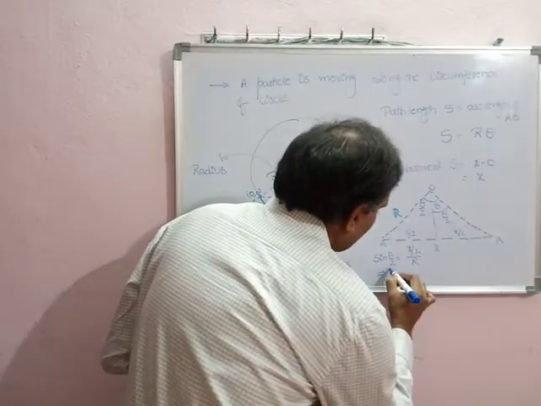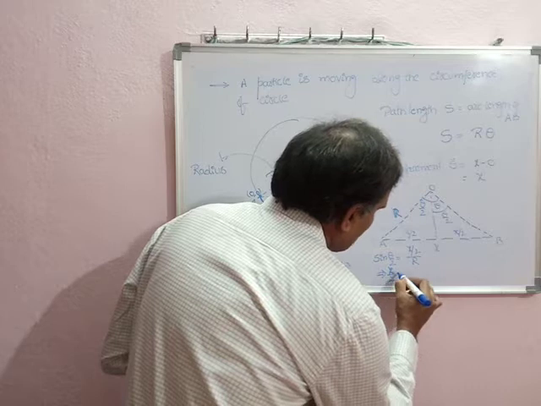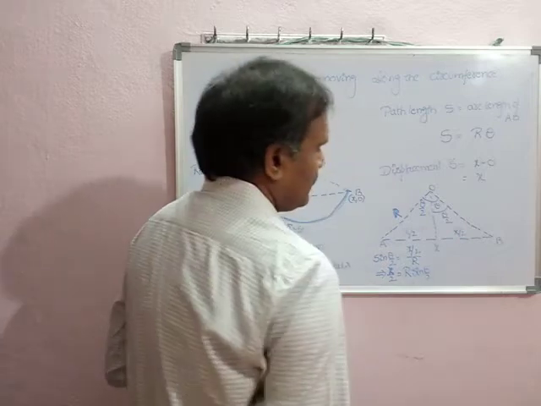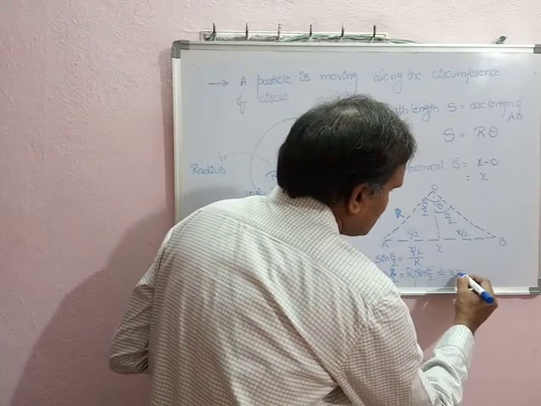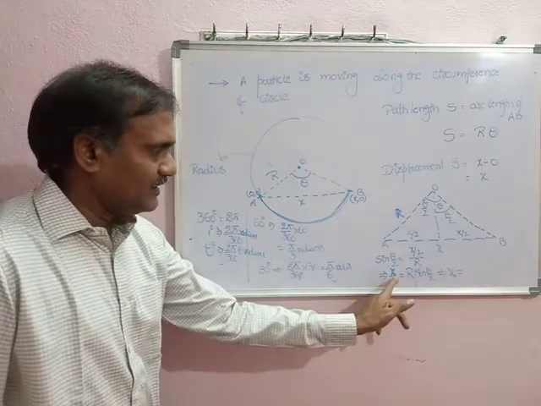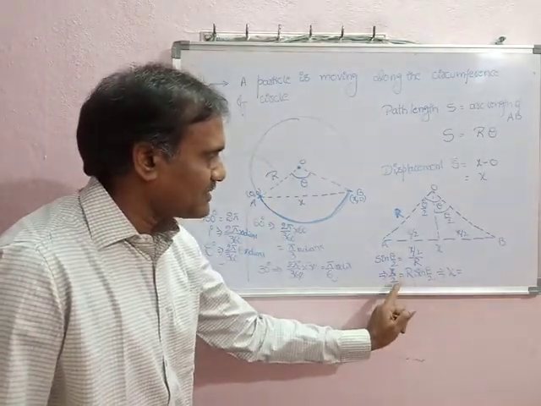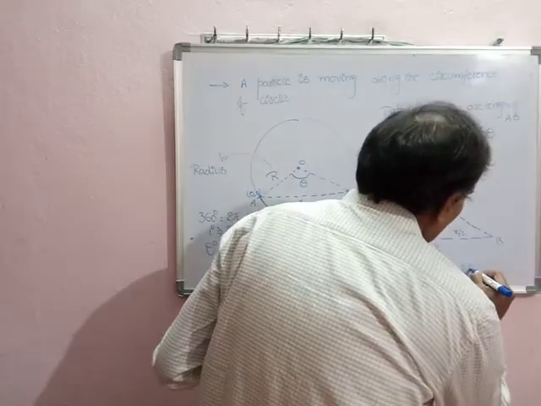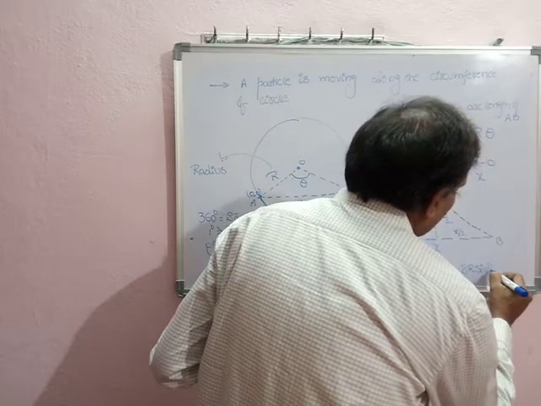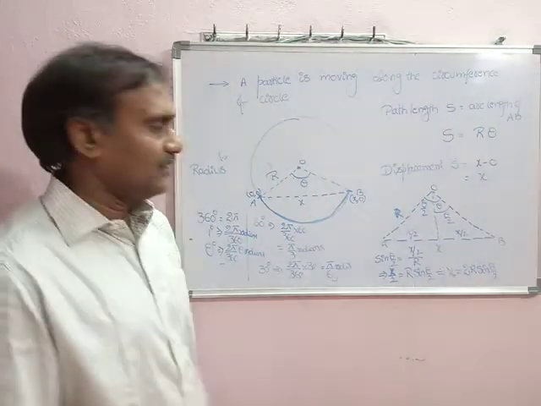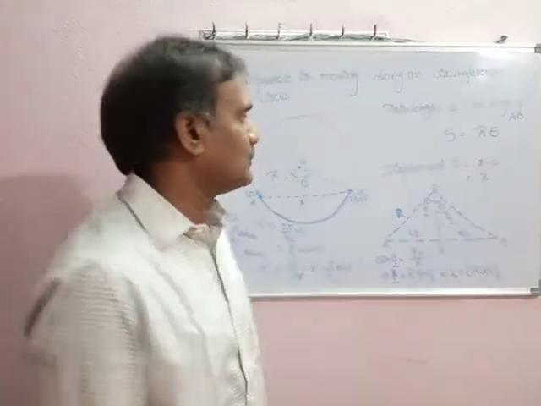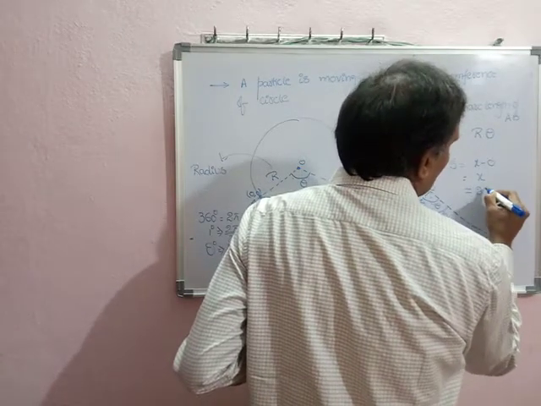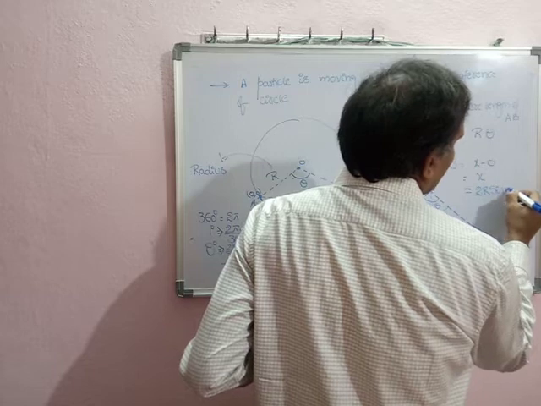This implies x by 2 is equal to r sin theta by 2. So x is equal to how much? 2r sin theta by 2. Therefore, displacement S bar is equal to x, which is equal to 2r sin theta by 2.